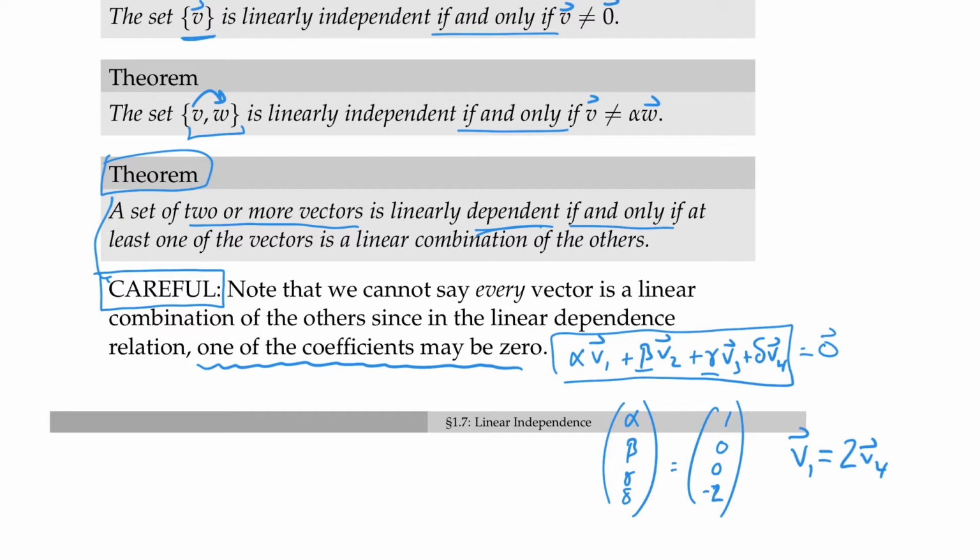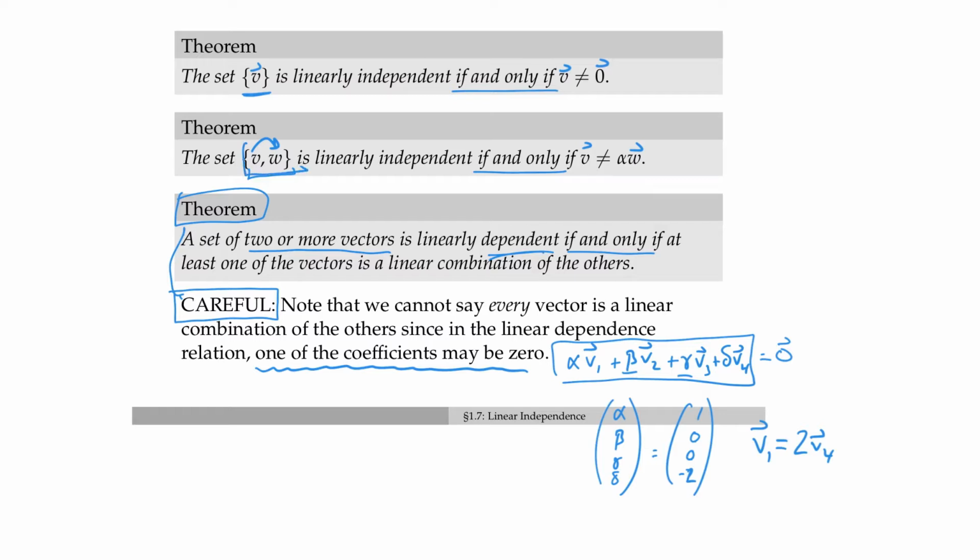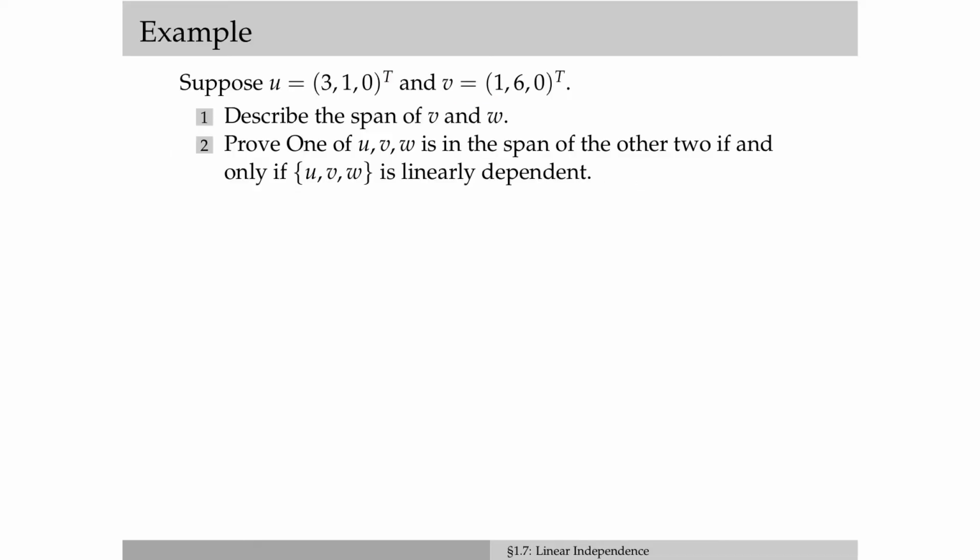So be mindful. Slide that if I have 2 vectors, they're independent if and only if they're not multiples of one another. All right, I give you 2 vectors here. Let's describe their span. Well, their span is completely determined by the reduced echelon form.